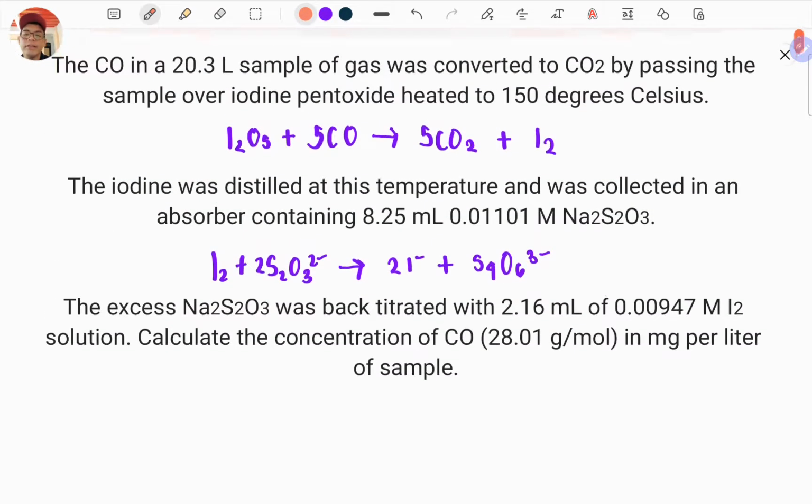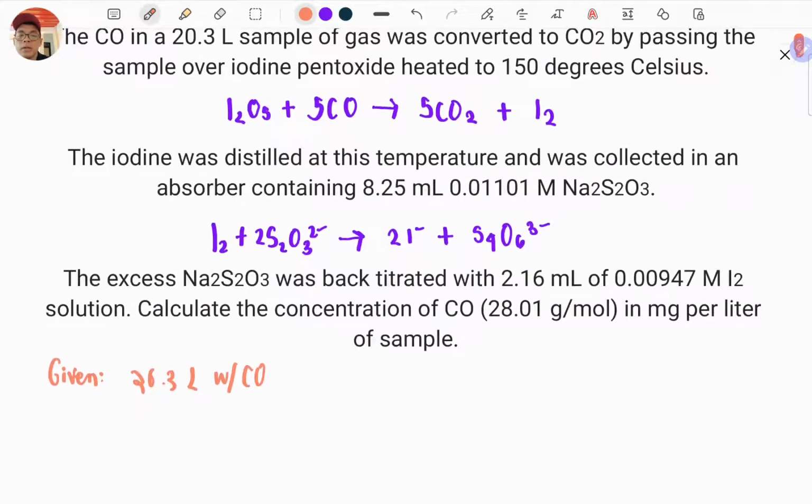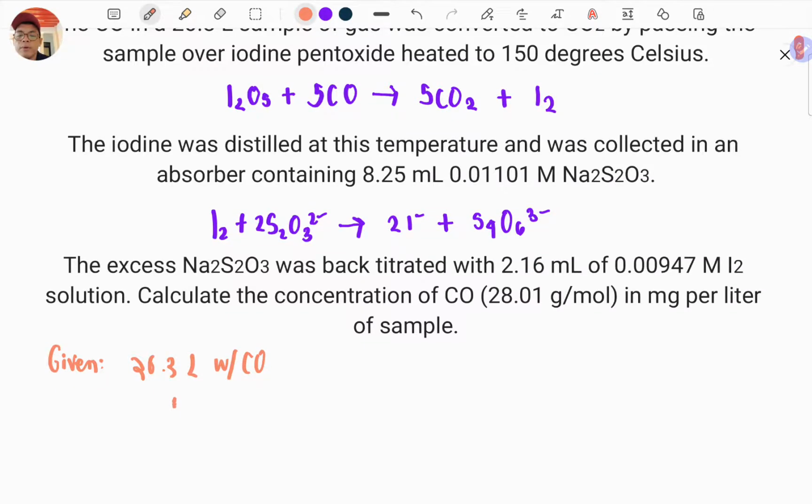Let's write down the given again in sequence. So we have a 20.3 liter sample with carbon monoxide. The carbon monoxide was converted into carbon dioxide, forming iodine as well.